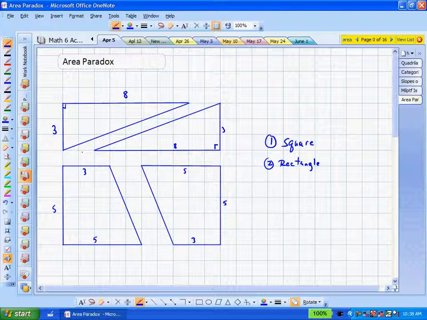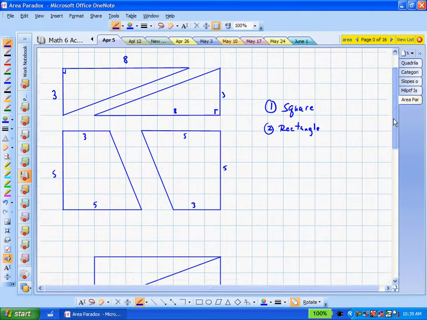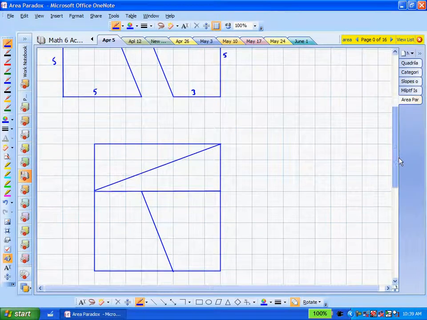I've arranged these so that this already looks a bit like a square if you squeeze it all together. The rectangle might take a little more time, but after a while they're going to make the square.